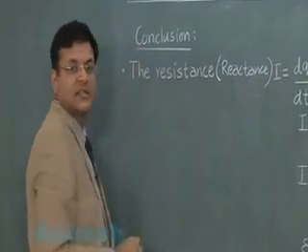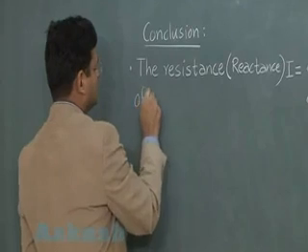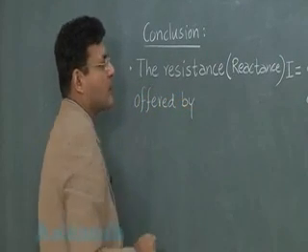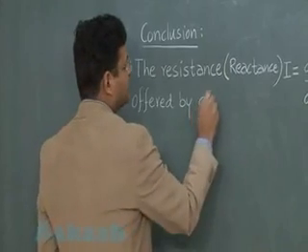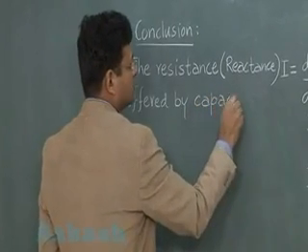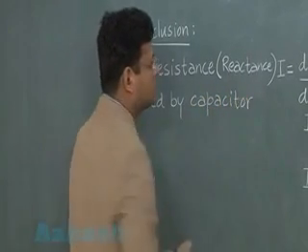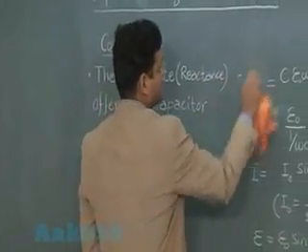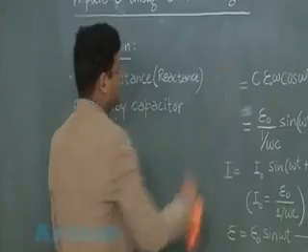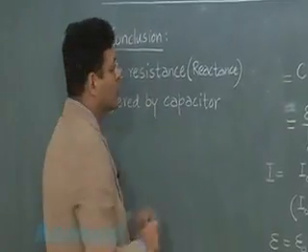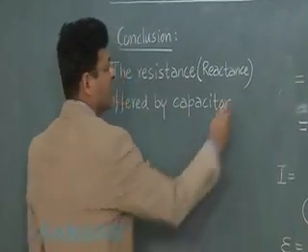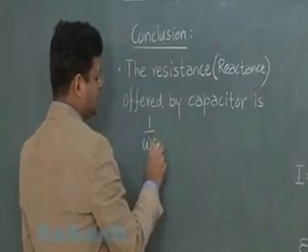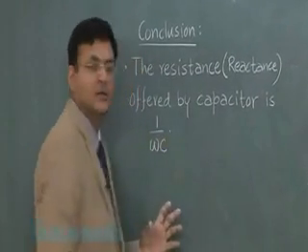The reactance or resistance offered by a capacitor to an alternating EMF is 1 by omega C. You understand?